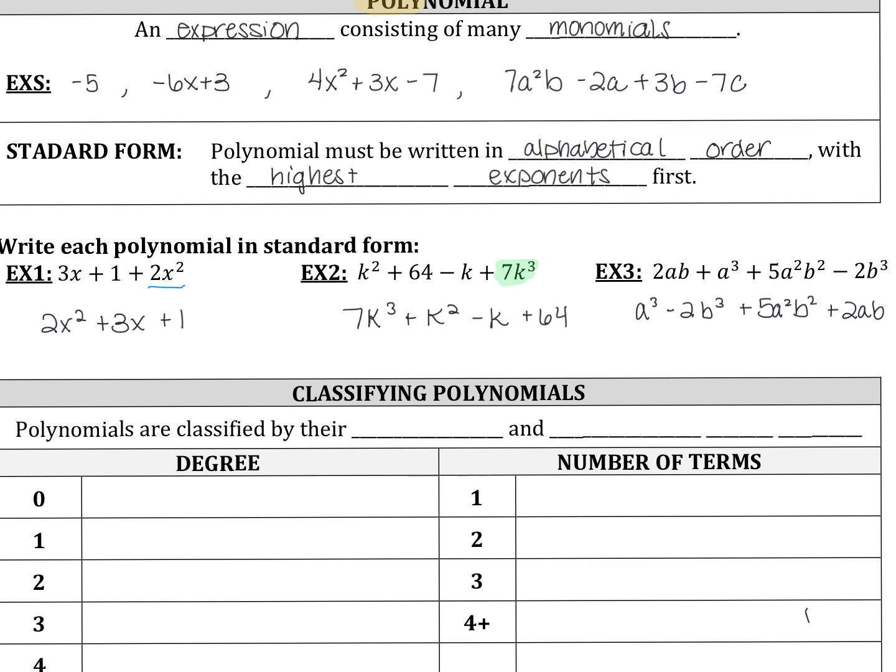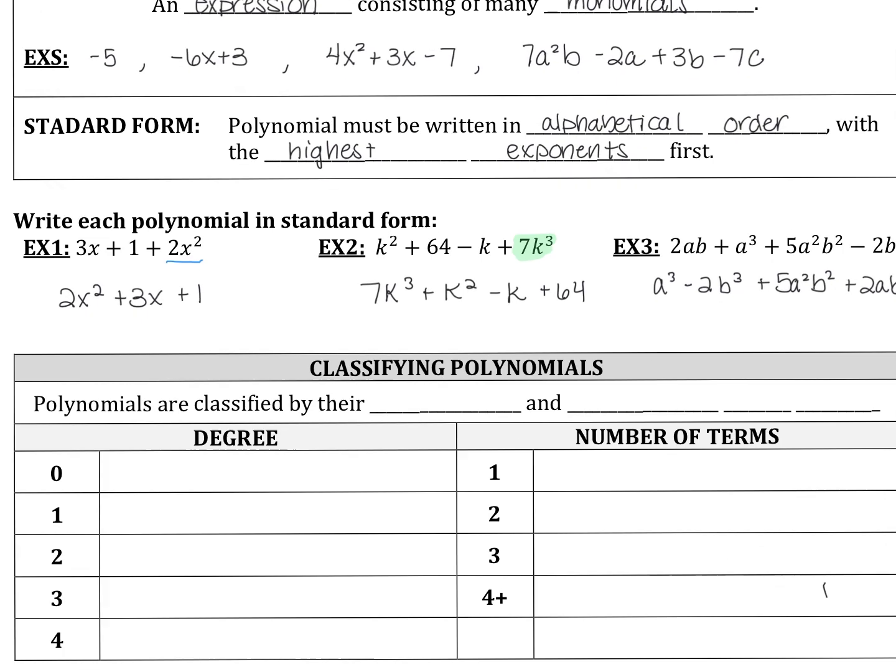That's the order I would do this in. So you can see I have alphabetical, a then b, and yes, I have an ab here and an ab here, but notice it then goes by powers. So I have a cube and a squared, and then a single variable. That's how I would do it. Now, most of the time, we're going to be focused on example 2 or example 1 when we talk standard form.